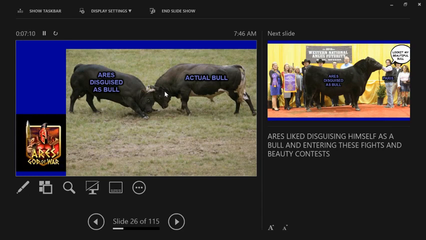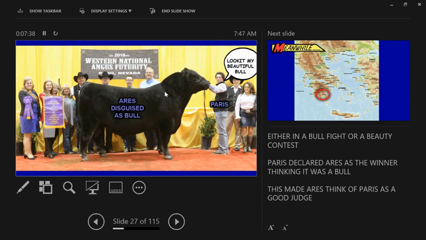One of these times where he's fighting the bull, I have to tell you, Greeks really are weird, and so parts of their stories are quite weird. So Ares, the god of war, disguises himself as a bull and enters himself into these bullfighting contests where bulls fight each other, and he will also put himself in the beauty pageants for the best bull.